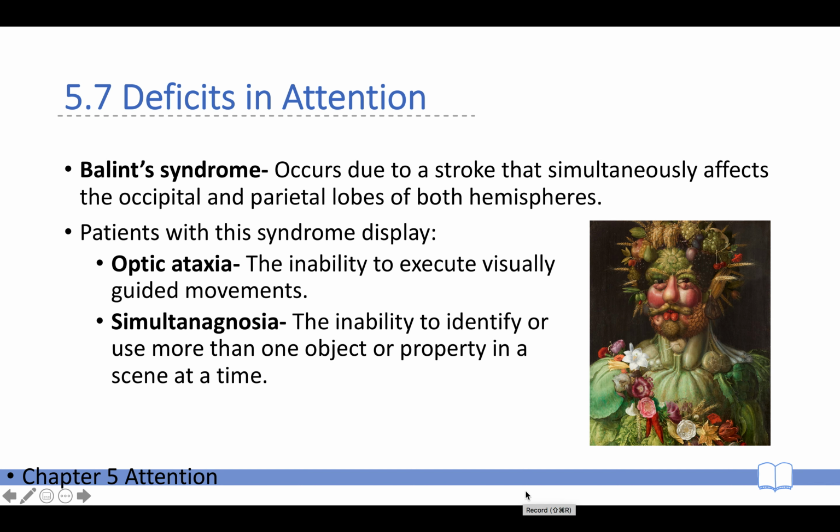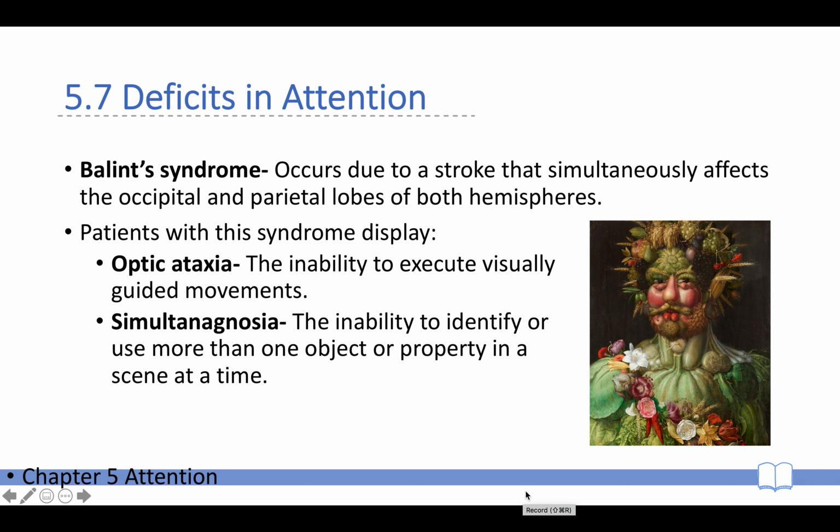Patients with Balint syndrome suffer from optic ataxia, which is the inability to execute visually guided movements. So, because the occipital lobe is damaged, this prevents proper visual function, which ultimately leads to reduced ability to move one's eyes to the appropriate location where the person wants to direct their attention.